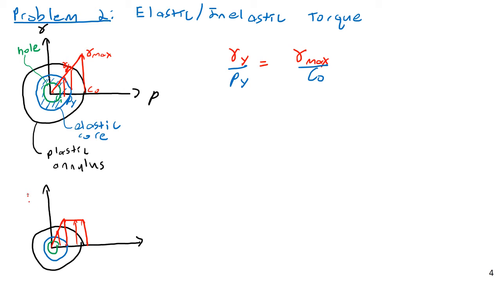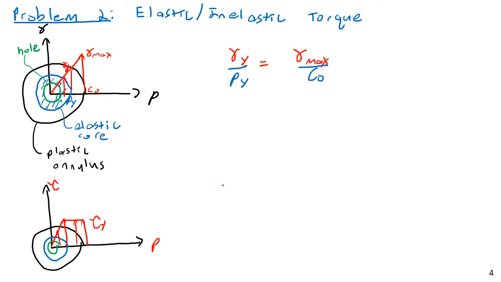Past this point, okay, so we have tau and we have rho here. Once we're out of the elastic core, we have the yield stress the whole way. So any fibers outside of the elastic core are going to be purely at the elastic limit, or purely at the yield shear stress.